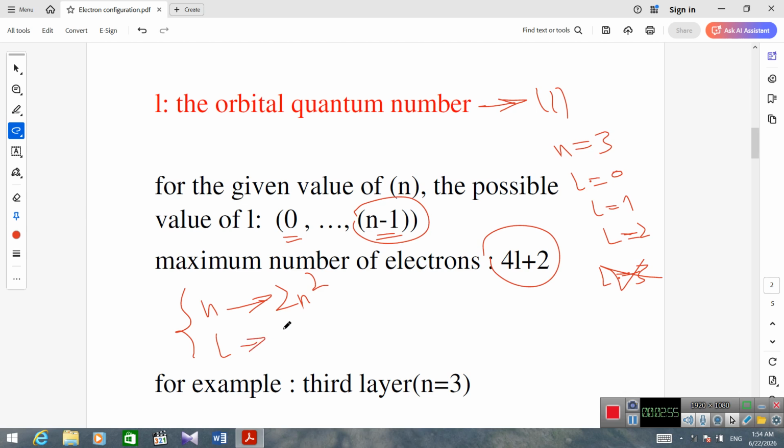And the maximum number of electrons for one l is 4l plus 2. I want to say that n, the principal quantum number, refers to the layer, the energy level of the layer, and l refers to the sublayer.